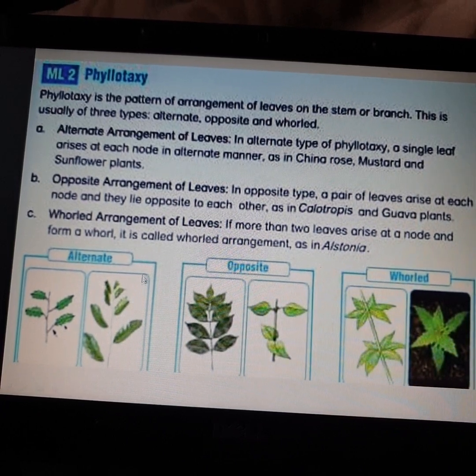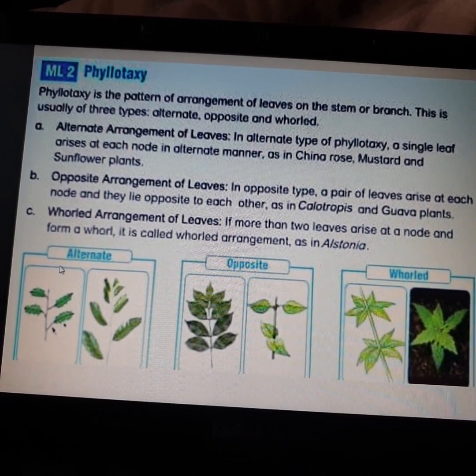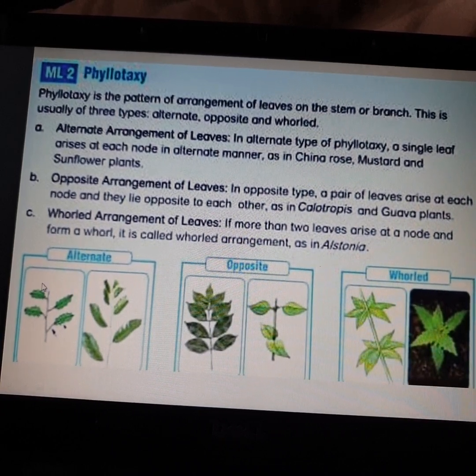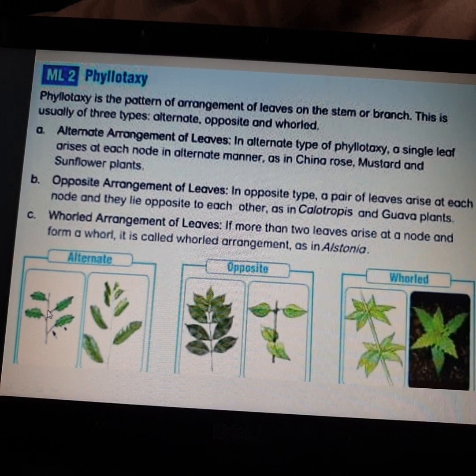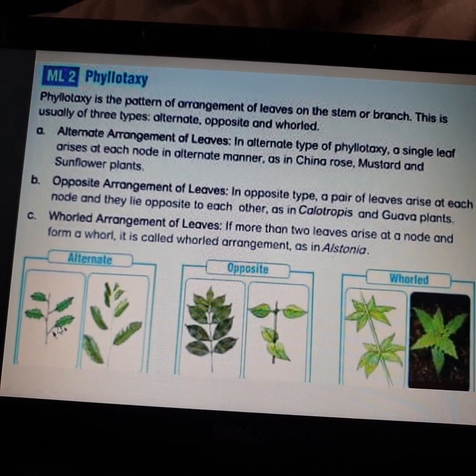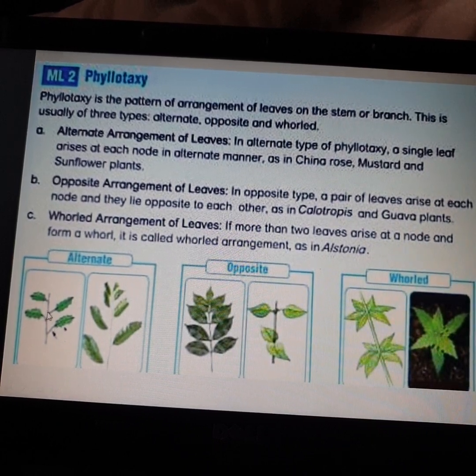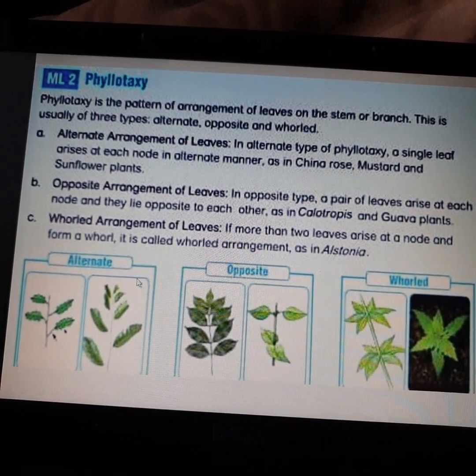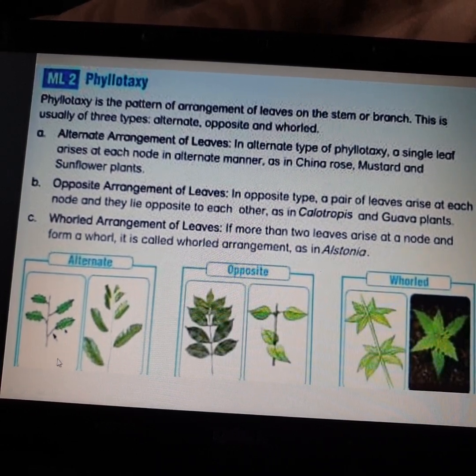So you can see here in this picture, we call it alternate. Alternate means one leaf is up, one leaf is down, up, down. So the leaves are not opposite to each other. This type of arrangement is called alternate arrangement of leaf.